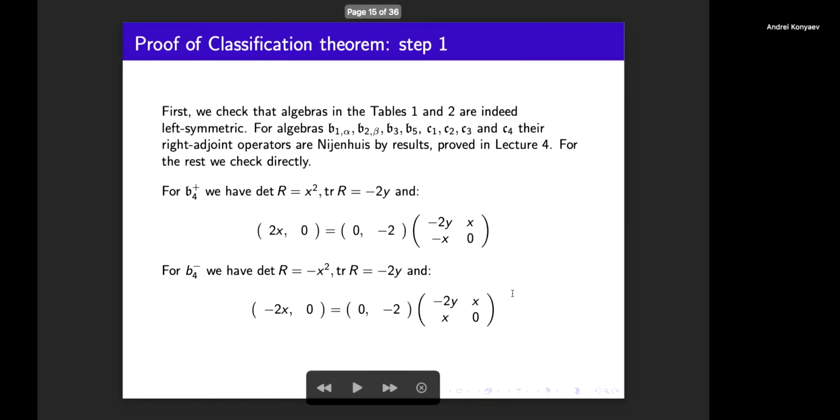To do that, we do the calculation. If you recall, in dimension 2 the vanishing of the Nijenhuis torsion is the same as a relation between the differential of the trace and the differential of the determinant, and this is the relation we have written. The differential is written as a row matrix, right?